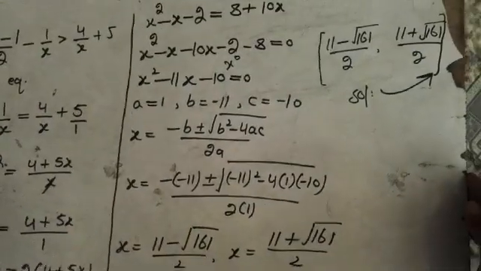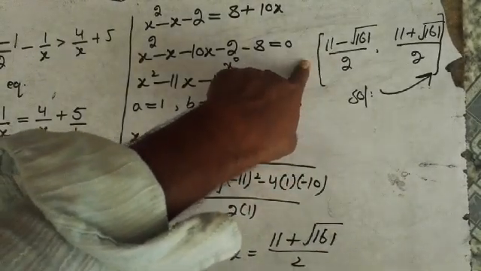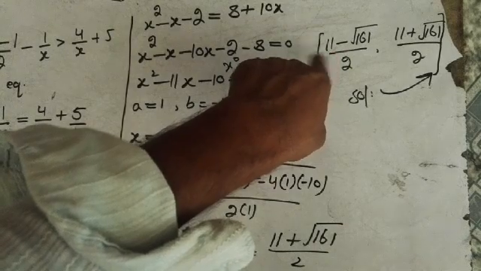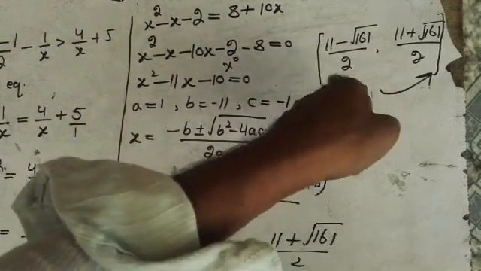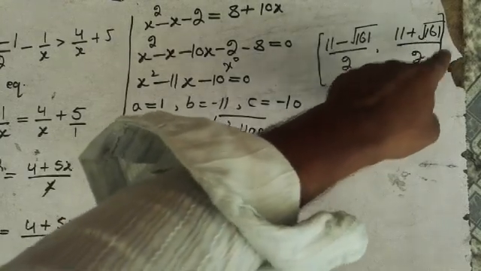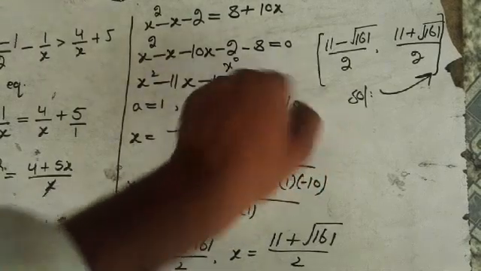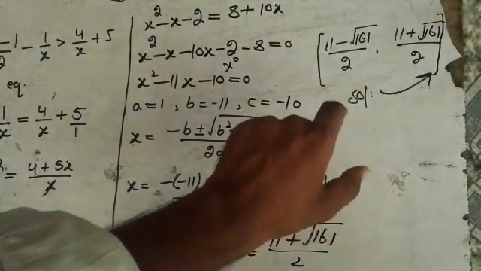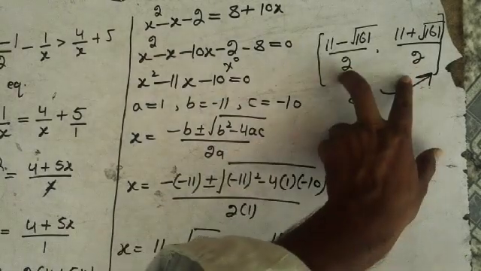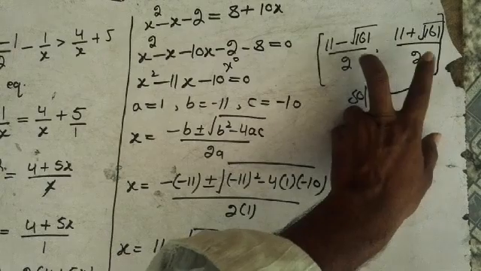The solution set of this inequality becomes the interval from (11 minus the square root of 161) divided by 2 to (11 plus the square root of 161) divided by 2. The solution of the inequality contains these two values and all the values in between these two values.